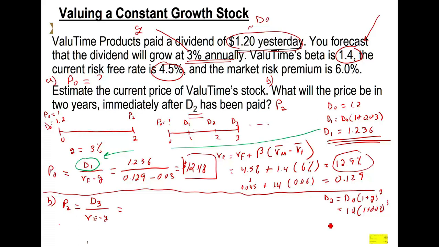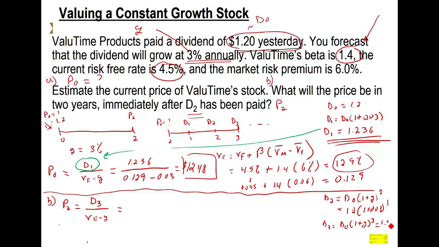And what is D sub 3? D sub 3 would be D sub 0 growing at 1 plus G for 3 years, which would be 1.2 times 1 plus 0.03 raised to the third power. I hope that mathematically this looks okay to you. That will give me a D sub 3.